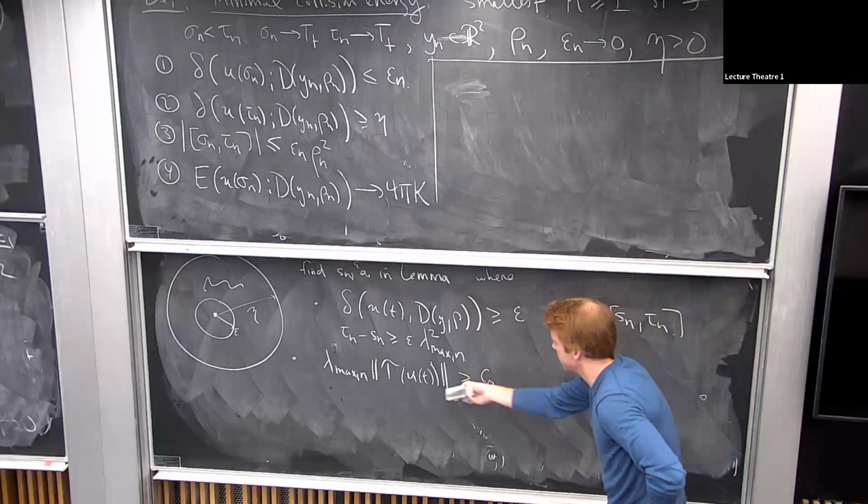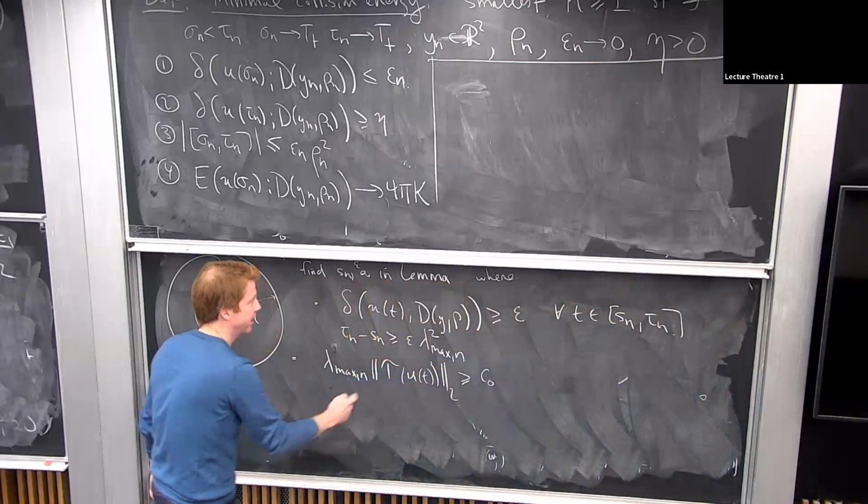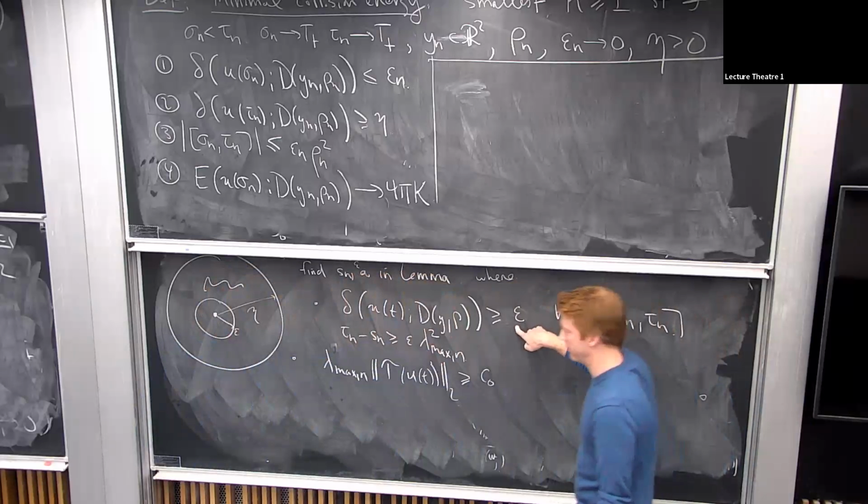But okay, this would tell me that I obtain something like this, because otherwise I'd have bubbling. I can't have bubbling because I'm distance epsilon away from multi-bubble configurations.